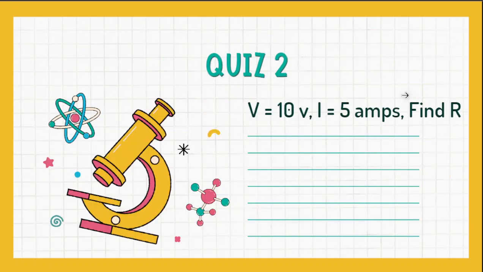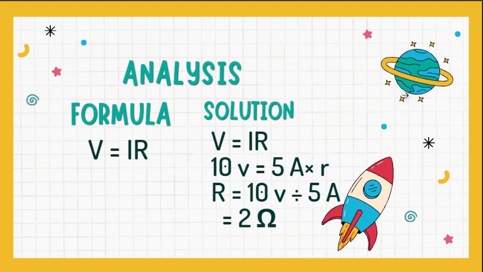Many people use apostrophes, which they call V dash, I dash and R dash. So if V is equal to IR, then V dash is equal to 10 and I dash is equal to 5.